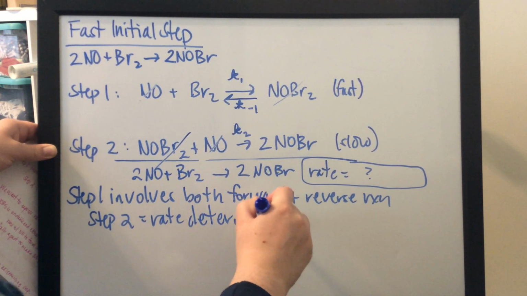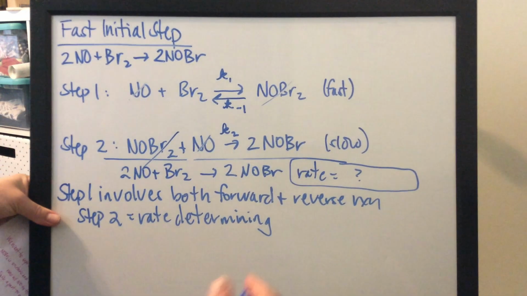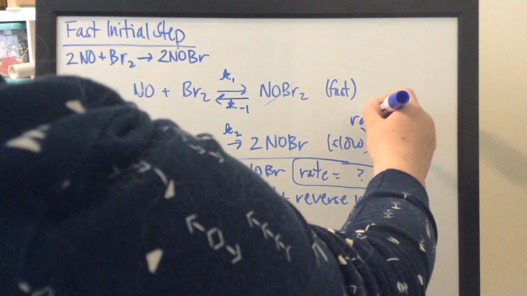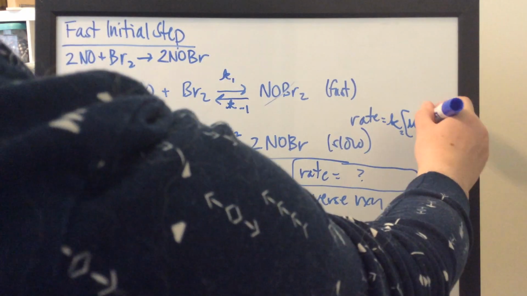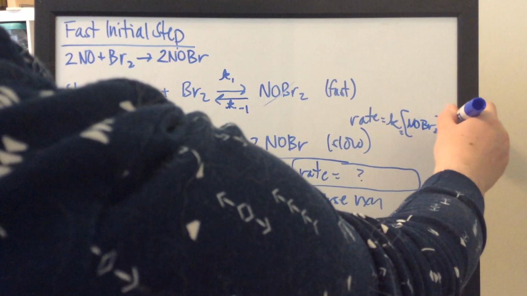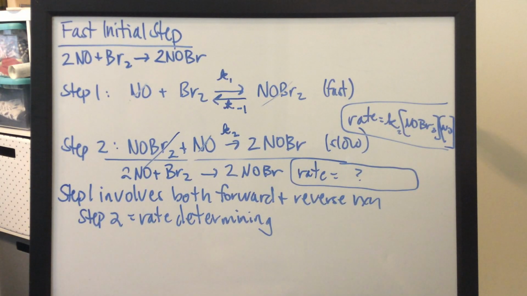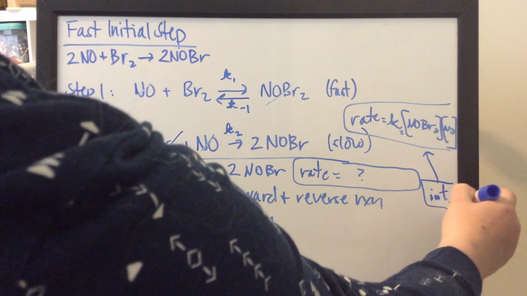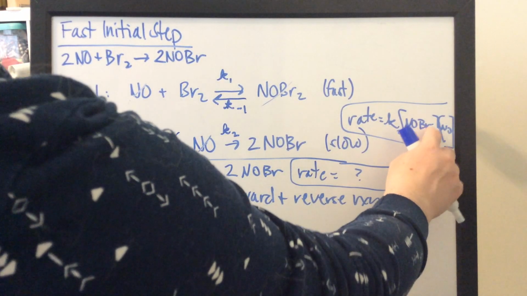Now, we could write a rate law. Okay, we could write a rate law for step 2, which is fine because it's an elementary reaction. So I could say rate is equal to K2 times the concentration of NOBr2 times the concentration of NO. And we could say that that's my rate law. However, the thing that should bother us a little bit is that there's an intermediate in this rate law. And we don't normally see, or maybe I should say ever, that's a 2, sorry.